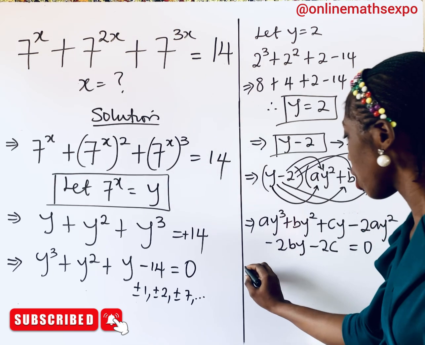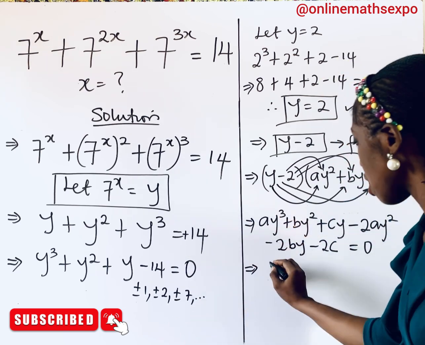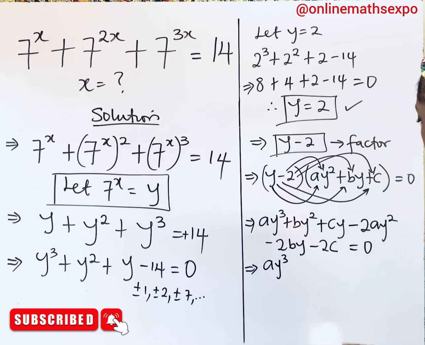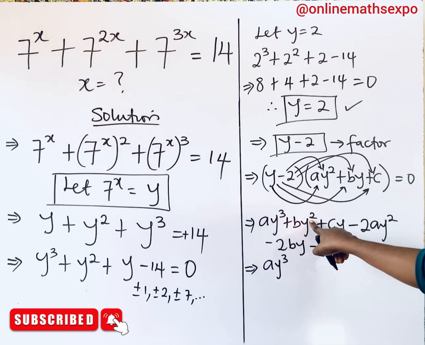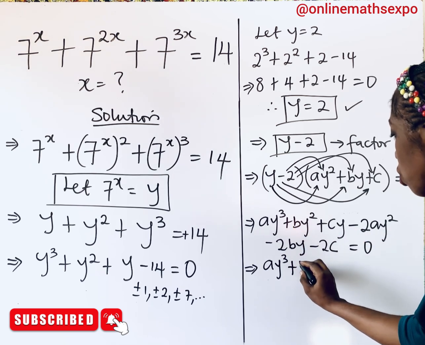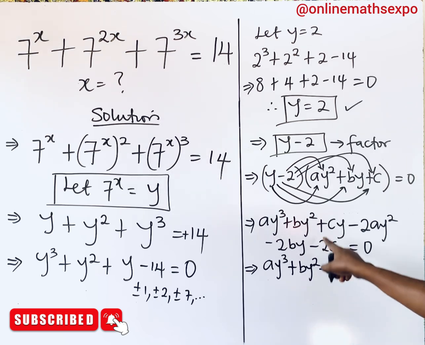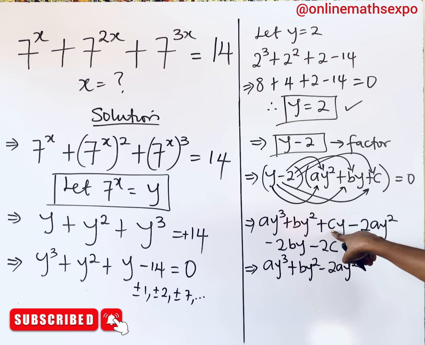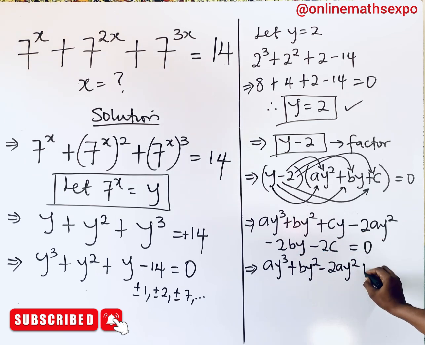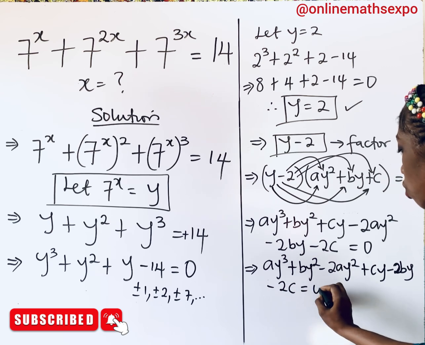So what we need to do now is to collect the same powers together. So this is ay³. Then for the squares, look at it: this is square and this is square. So let's collect them together. It's going to give us (b − 2a)y². Now this one is cy, and this one has y and this has y. So we're going to have plus cy minus 2by, then minus 2c is equal to 0.